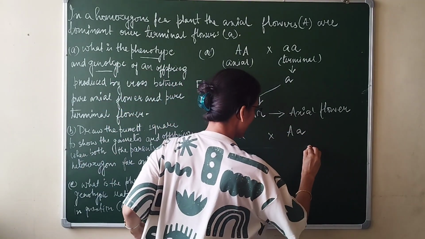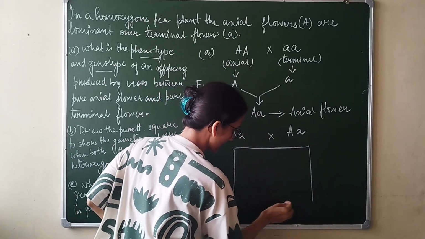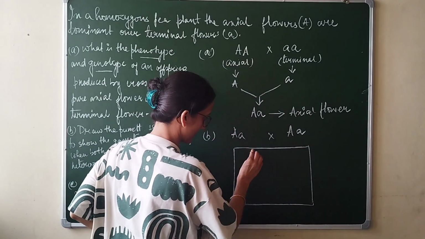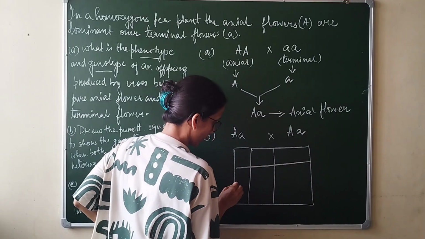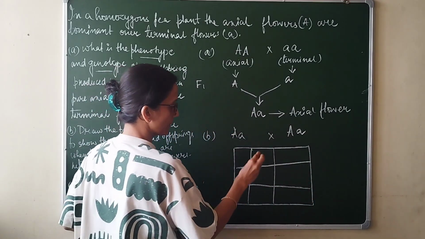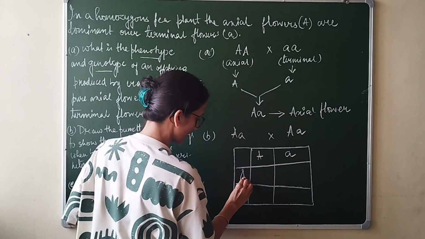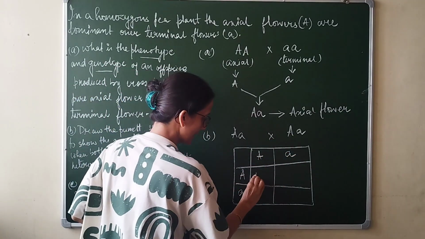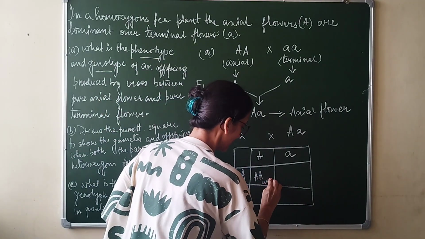Now you are going to make a Punnett square to show the gametes as well as the offsprings and their probable genotypes that are going to be produced. So this individual will produce two types of gametes, capital A, small a. This produces capital A, small a. So the first kind is capital A, capital A, that means this will be axial.